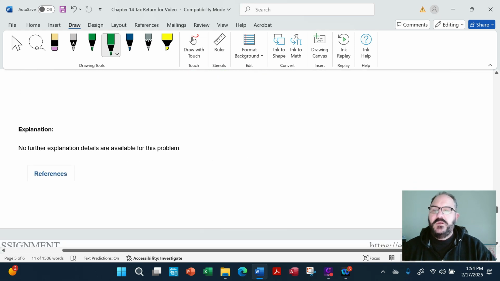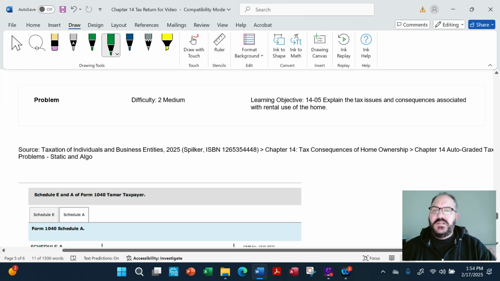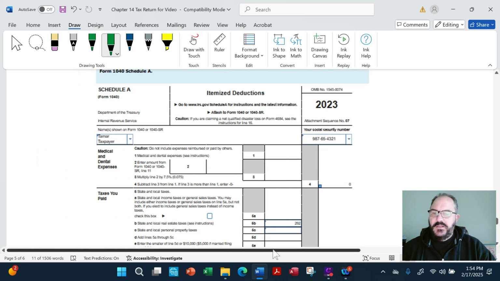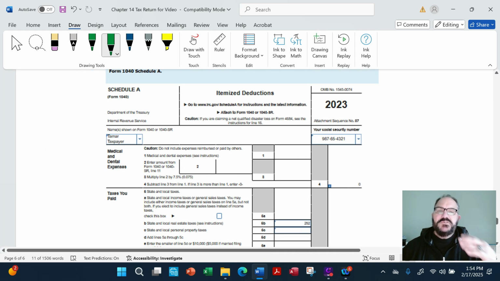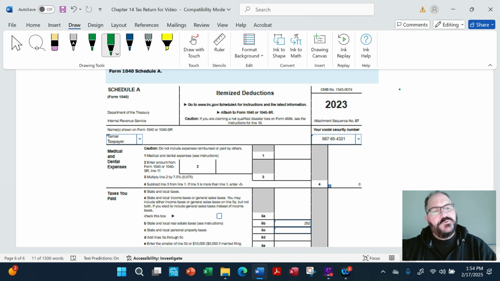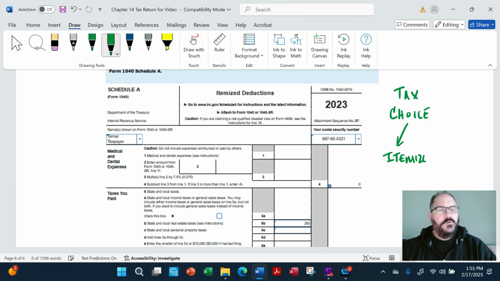Okay. All right. Now, the next item here, this is the Schedule A. Now, for those of you that don't know, these are itemized deductions. So again, when you're doing tax returns, you have to make a choice. And the choice is, do I itemize, or do I take the standard?